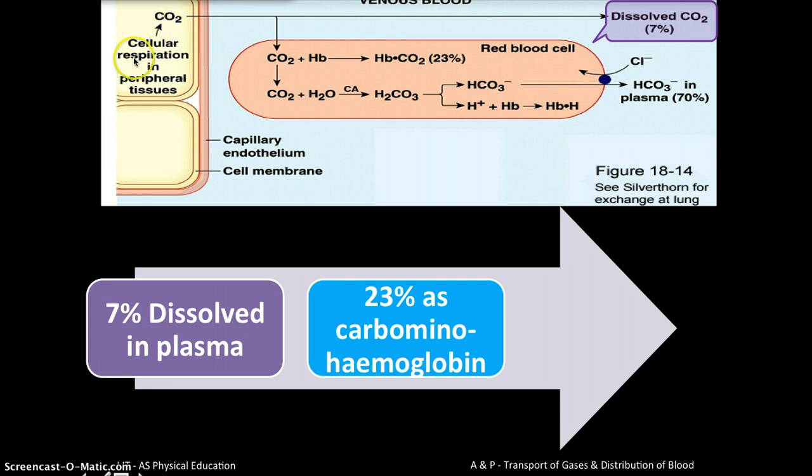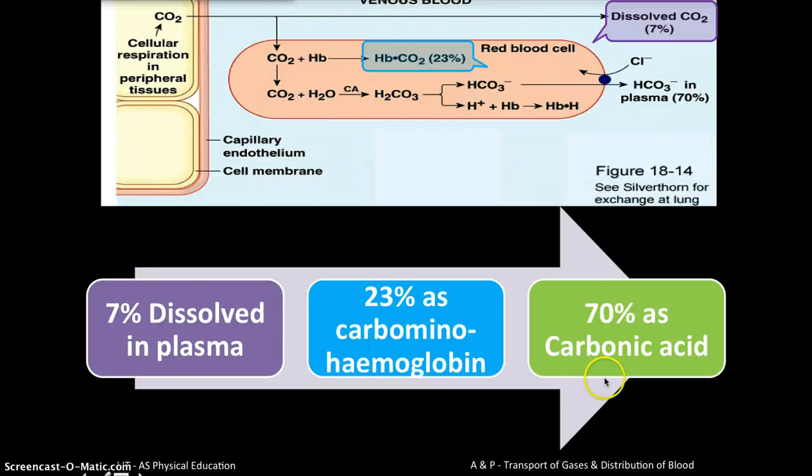So, having been made in the cells, it has to travel into the red blood cell where it combines with hemoglobin. So, CO2 plus hemoglobin forms carbaminohemoglobin, 23%. So that's 7 and 23, 30 in total so far. 7 plasma, 23 carbaminohemoglobin. So finally then, we've got to account for the remaining 70% of the carbon dioxide.